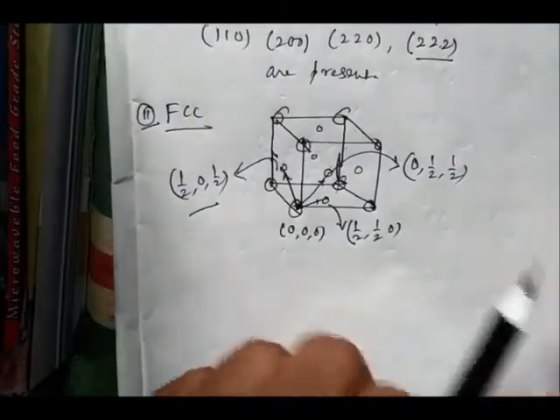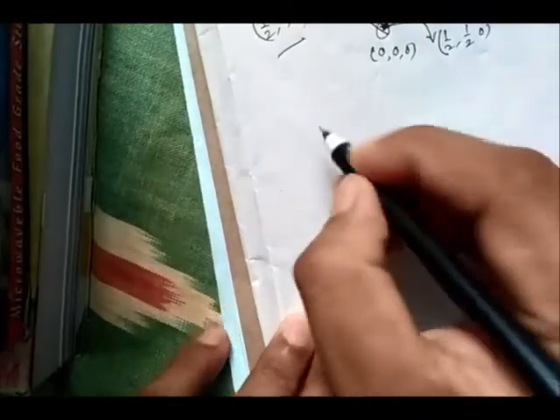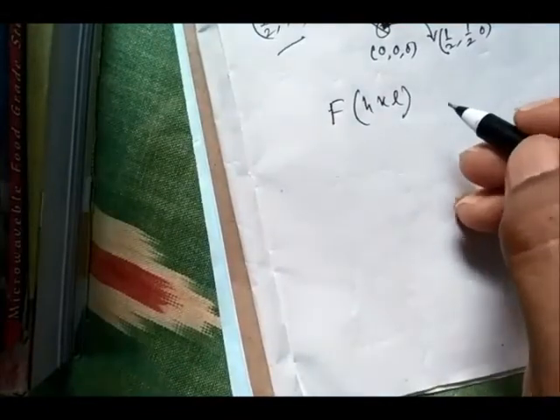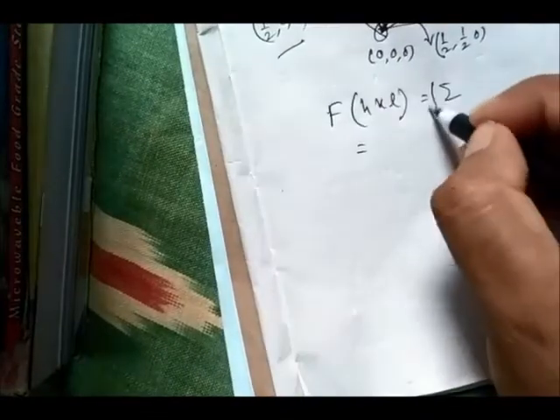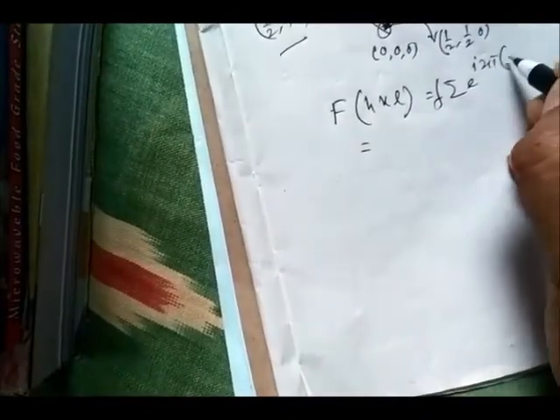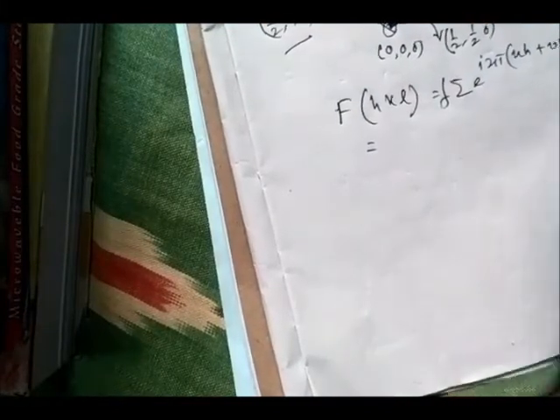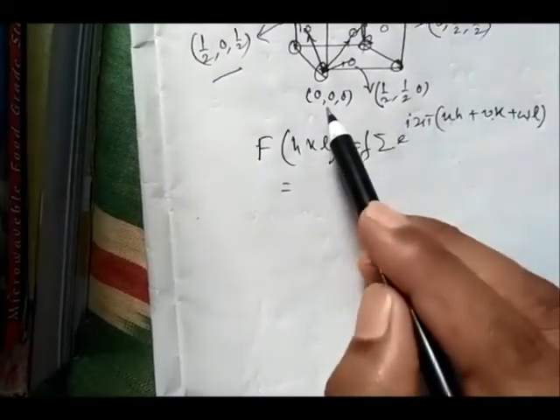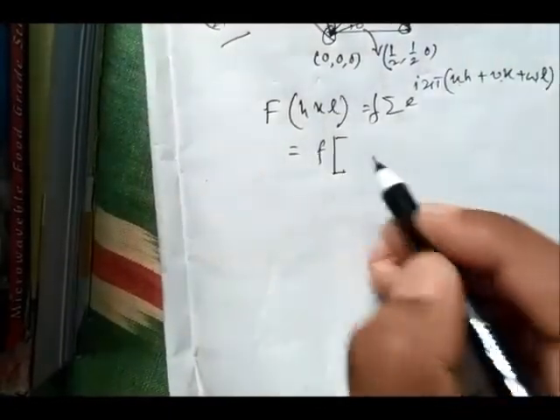So the general points of this vector are basically 0 0 0, half half 0, and so on. Now if you sum over all, the structure factor F_hkl is the sum of f e to the power i twice pi (uh plus vk plus wl). So you just put in place of u v w the values 0 0 0, half half 0, and the others, all these terms.